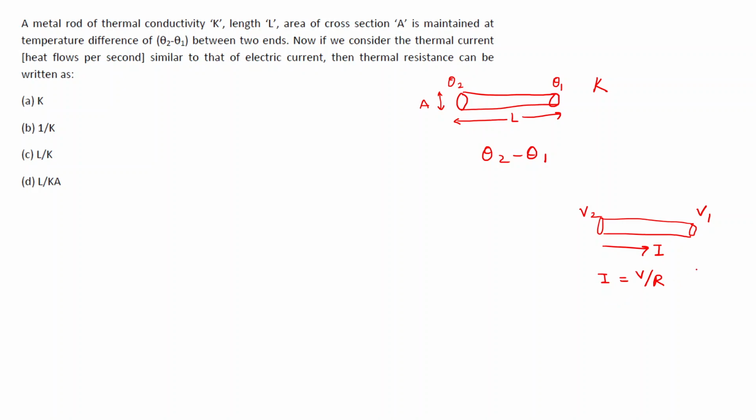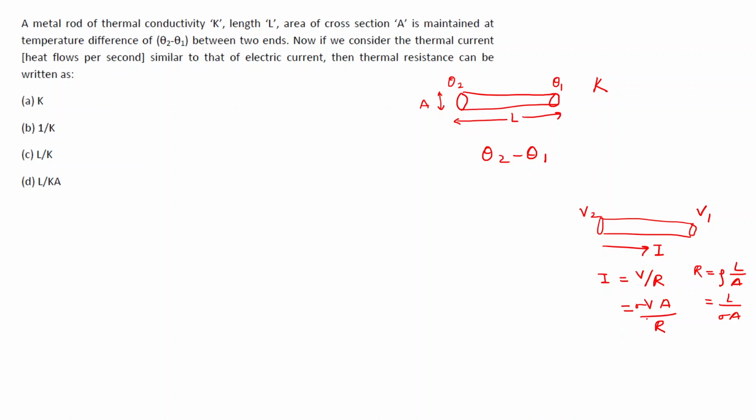Now we know the expression of resistance is rho L by A, or I can write it as L over sigma A, because resistivity is the reciprocal of conductivity. If I insert it here, I will get V A sigma by L, right?